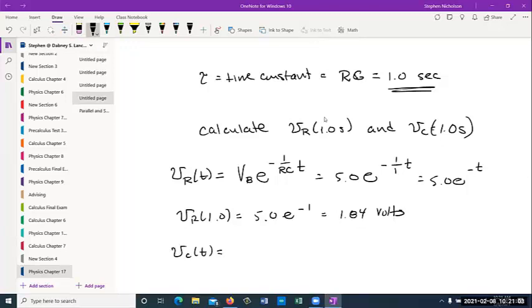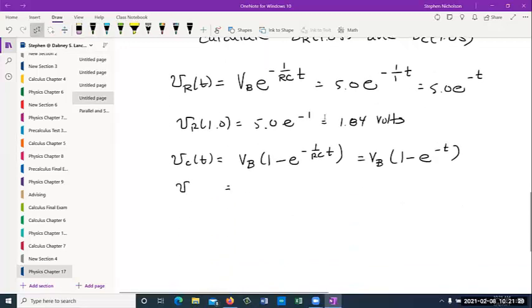Now we can write this out. The voltage across the capacitor is equal to the voltage of the battery times 1 minus e to the minus 1 over RC times t. For this particular example, it's going to be 1 minus e to the minus t, because RC is 1. So we can evaluate the voltage across the capacitor after 1 second. You'll get 5.0 times 1 minus e to the minus 1.